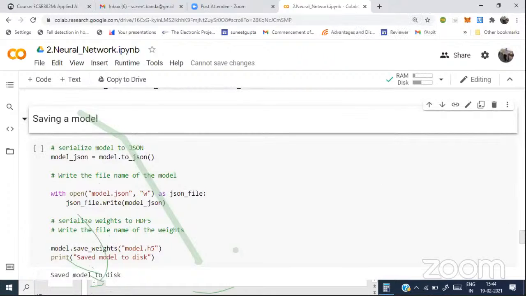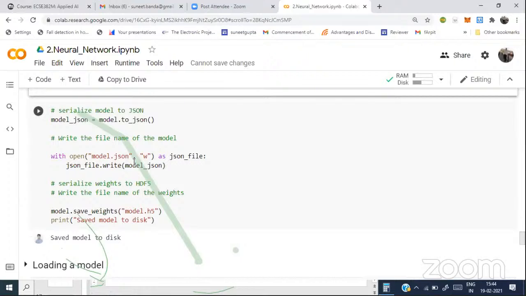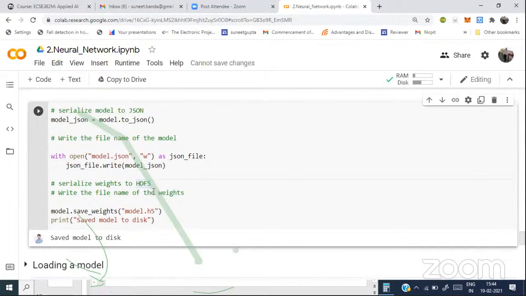So here you can see, suppose you want to save the model. Three lines of code are there, nothing else. You write the JSON file, JSON stands for JavaScript Object Notation.